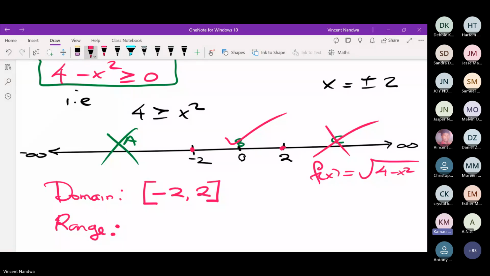Set of all non-negative real numbers. So you say from 0 to infinity. According to that statement, you are implying that the range will be from 0 to infinity.